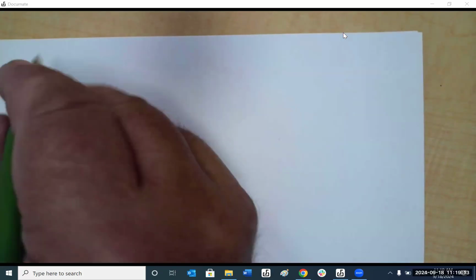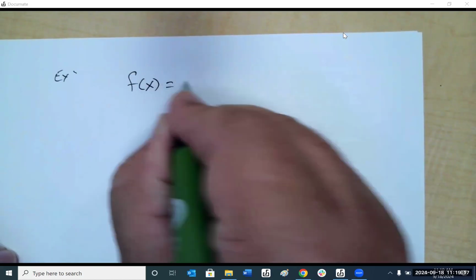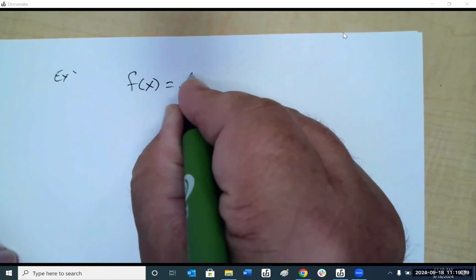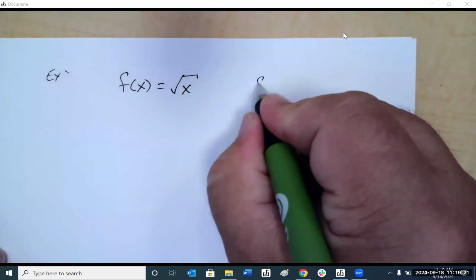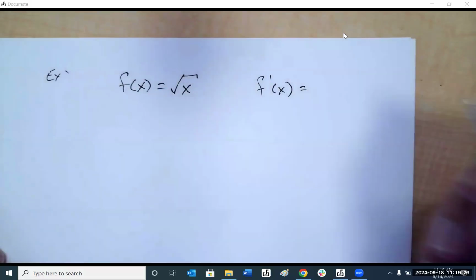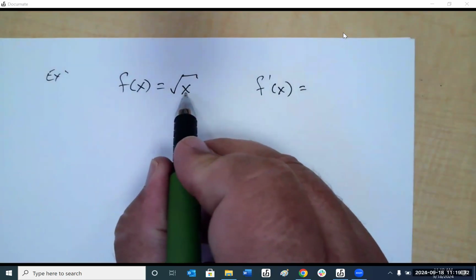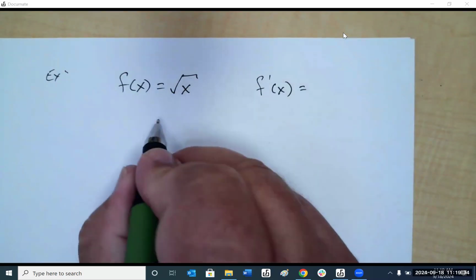So let's look at this example. If the function I give you is the square root of x, what's the derivative? Well, let's rewrite this. This can be written as what?